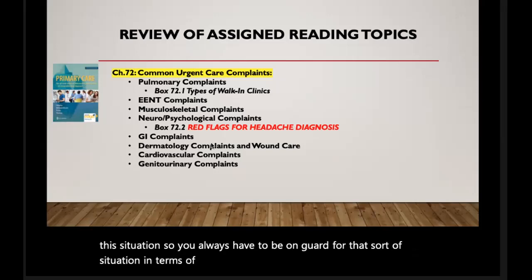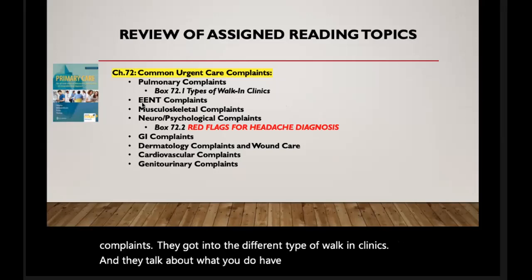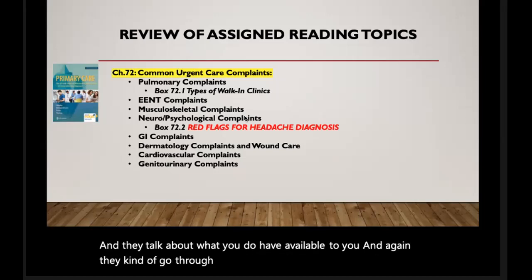In chapter 72, we got into common urgent care complaints like pulmonary complaints. They got into the different types of walk-in clinics and they talk about what you do have available to you. And again, they go through a review of systems: EENT, musculoskeletal, the neuro system.